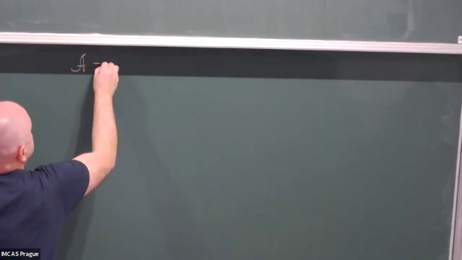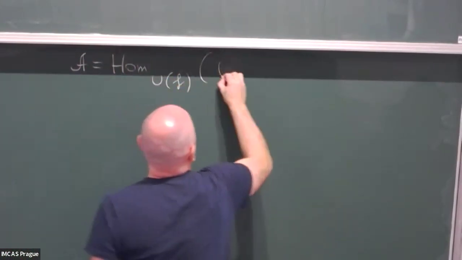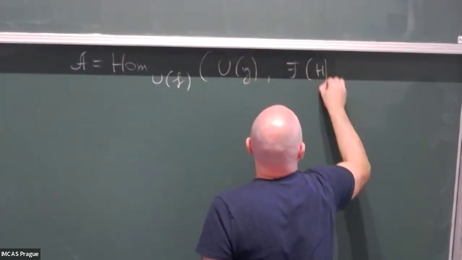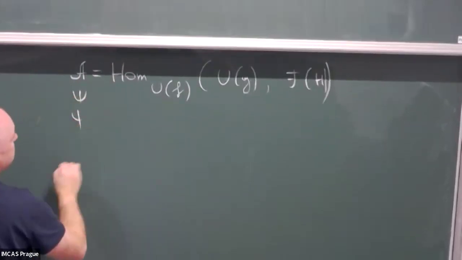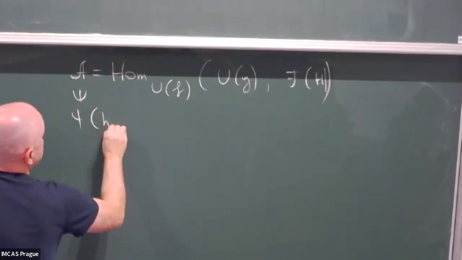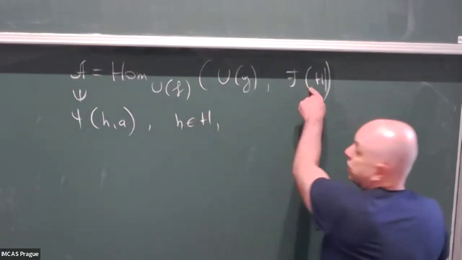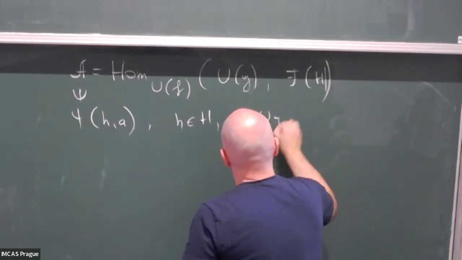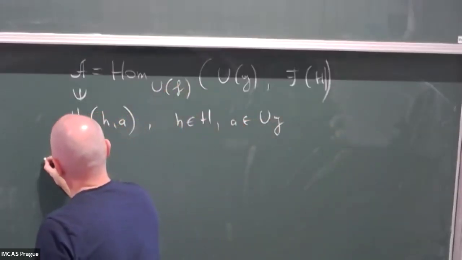So again, A is the space of homomorphisms over U(h) from U(g) to the functions on H. An element here can be viewed as a function of h and a, where h is an element in capital H because it takes values in functions on H, and a is an argument here, an element in U(g). Now, there is a co-multiplication in the universal enveloping algebra, so let's use it.